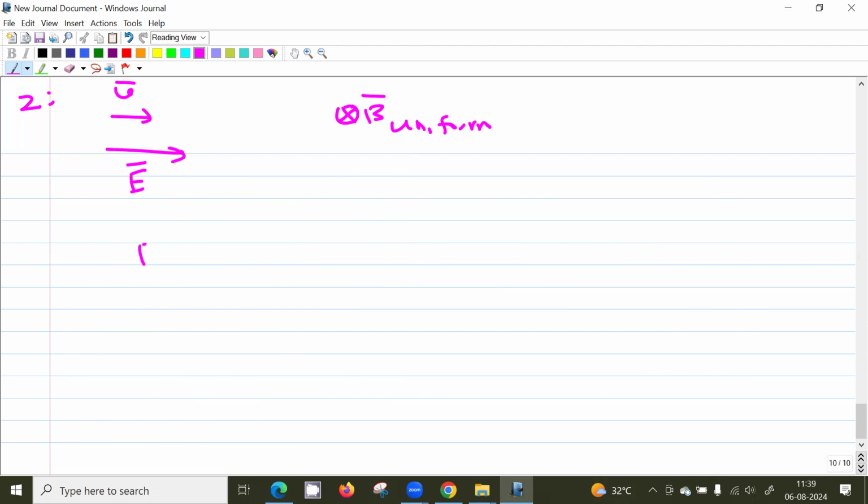Now the force due to this electromagnetic field will be whatever the charge, Q E plus Q V cross B. Okay, so since now the direction of magnetic force will be perpendicular to both V and B, the direction of the force will be, suppose the charge is here, of value Q. Okay, Q V cross B, the direction: B is into the plane of paper, right?